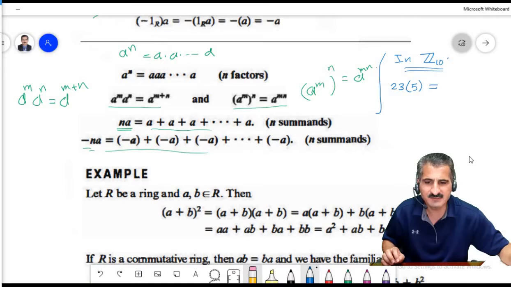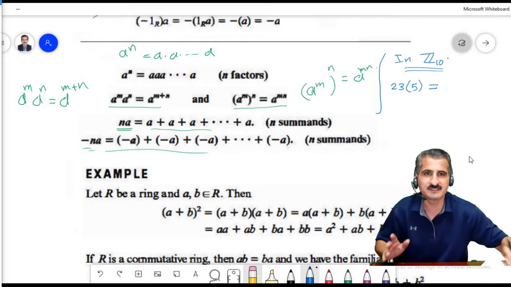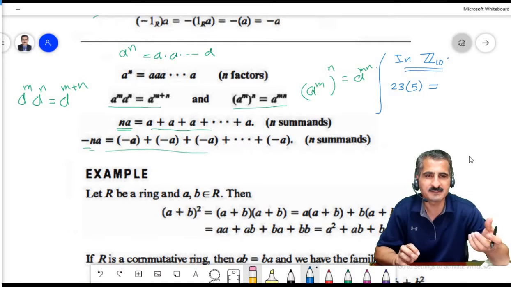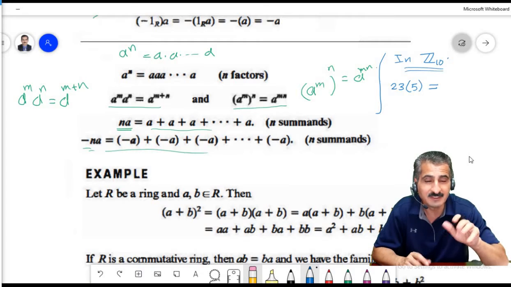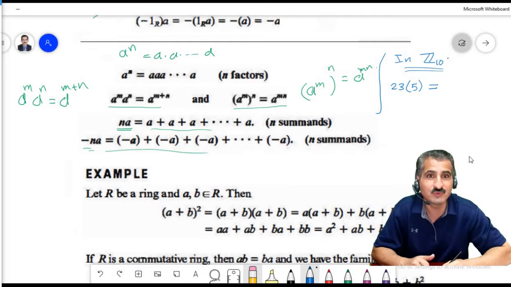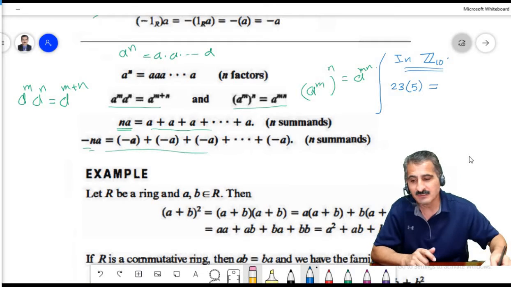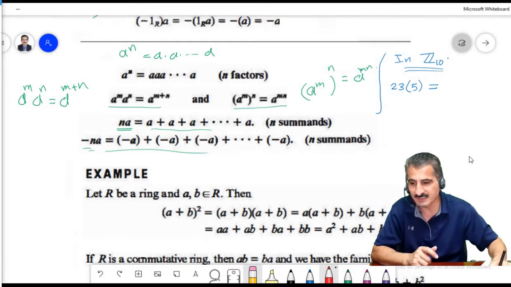Would that make sense for you? You may say, stop. 23 is not in the system. 23 is not in Z10. I will tell you now, okay, you are right, but we are using notation here. I mean to add 5 to itself 23 times. Okay, this is what this notation says.